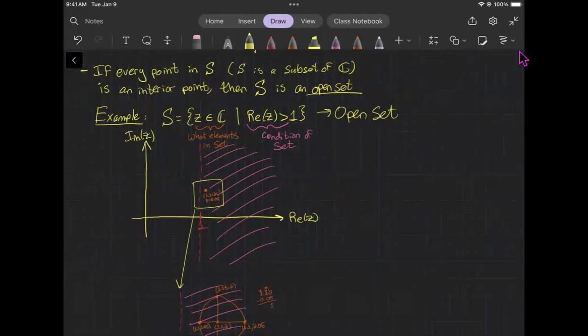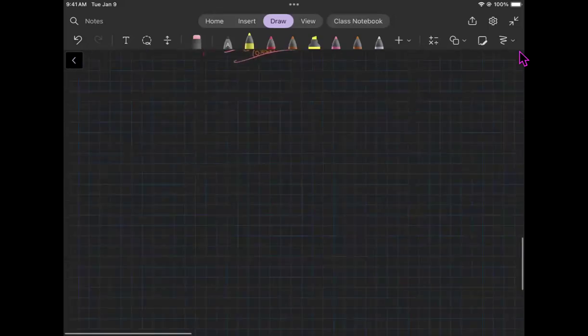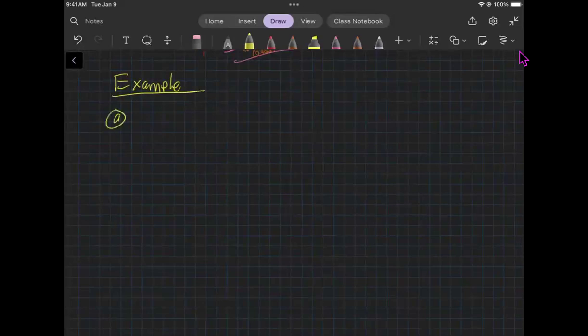Okay. So the trick here is, if you look at sets that do include boundaries or not, it's a good indication that you may have an open set, right? So some quick examples of a set that's not open could be something like this. So the exact same set, but this time we will be including the boundary.